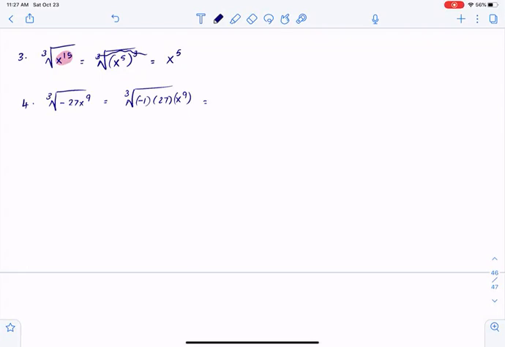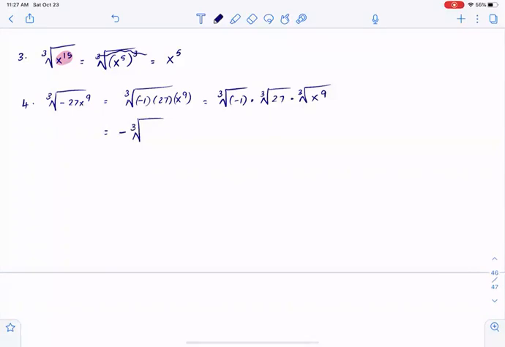Since they're all in product, I can split each of them. Cube root of negative 1, cube root of 27, cube root of x raised 9. I wrote in the properties that cube root, or in general, any odd root of a negative number, it's simply negative. So I get a negative out in the front.